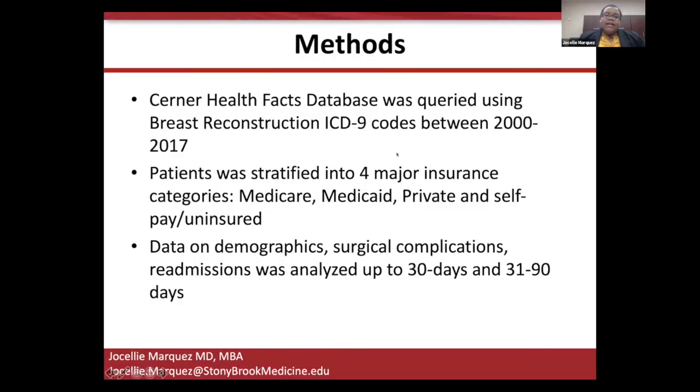The Cerner Health Facts database was queried using breast reconstruction ICD-9 codes between 2000 and 2017. Patients were stratified into 4 major insurance categories: Medicare, Medicaid, private, self-pay/uninsured. Data on demographics, surgical complications, and readmissions were analyzed up to 30 days and then between 31 and 90 days.